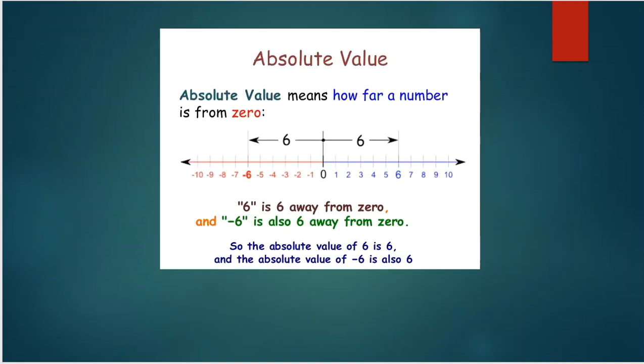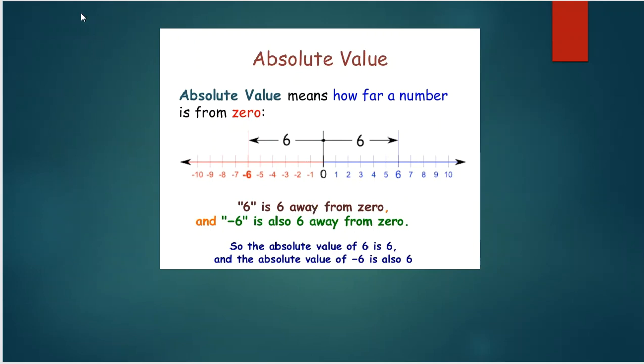Okay, the next thing we need to talk about is absolute value. Absolute value means how far away a number is from 0 on the number line. So when we talk about absolute value, it is a distance from 0.